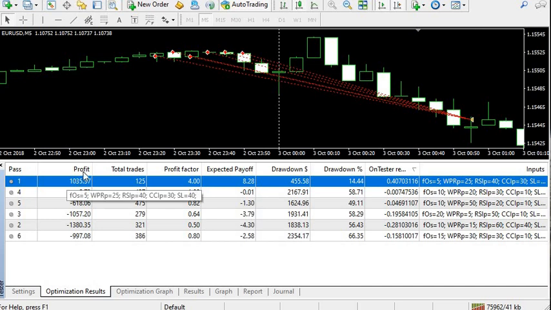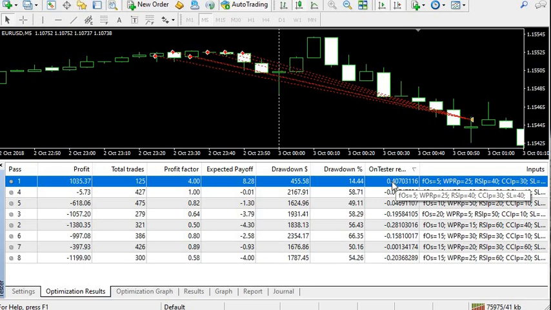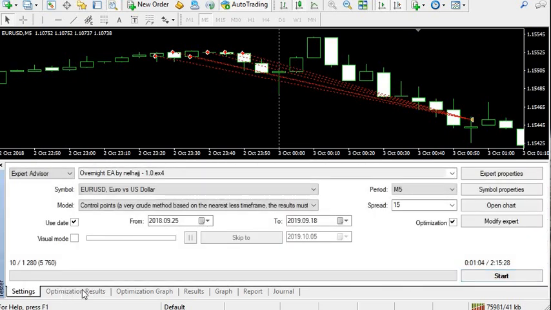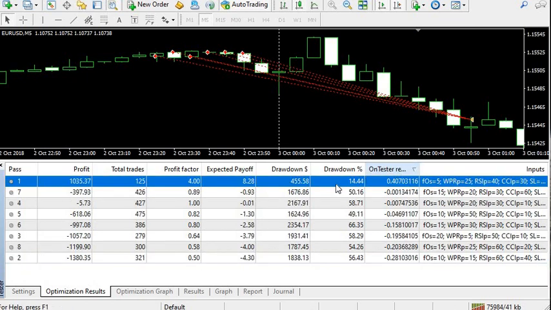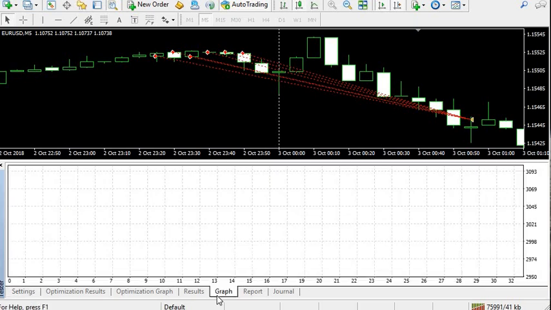You see it's reflected in the profit, the profit factor and the drawdown. We have the lowest drawdown here and the biggest profit here, and it's reflected in this number. So I will stop just so you can see. I'll try to test it so we can see the graph.